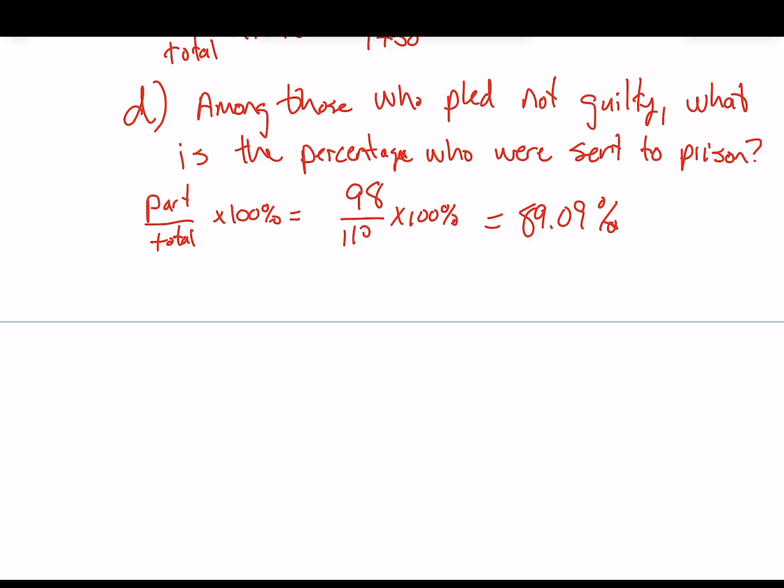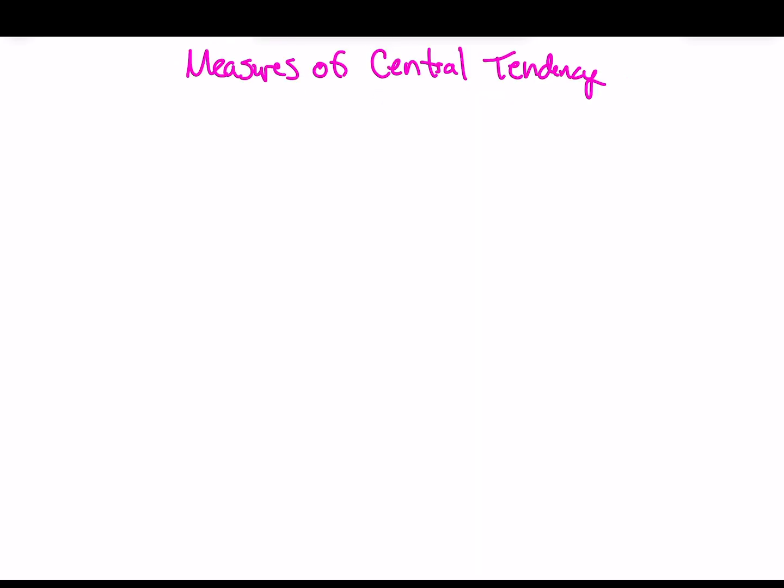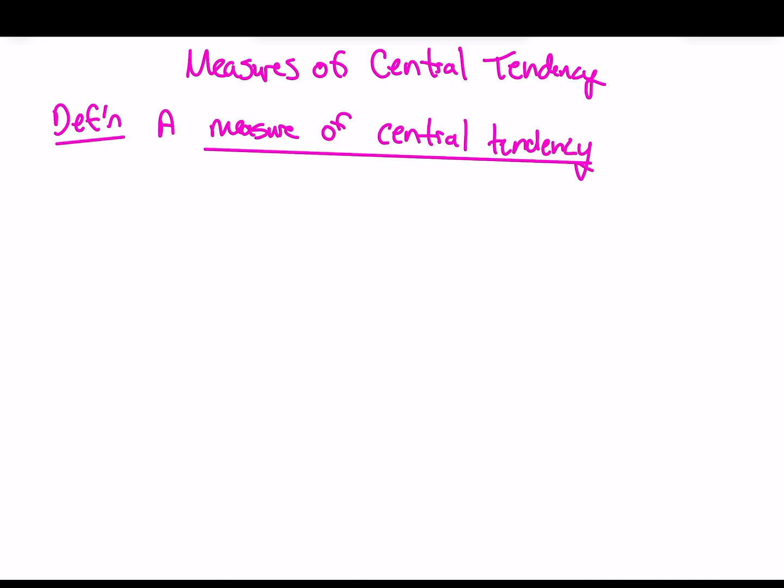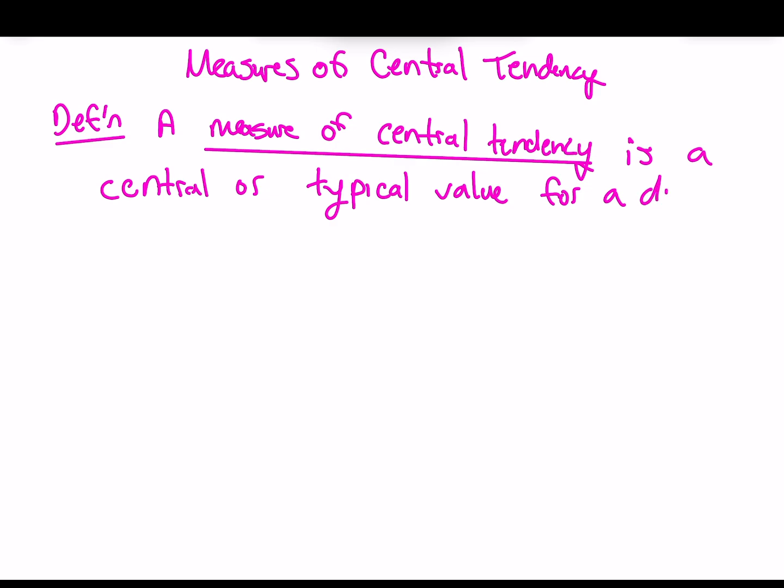Okay, let's now move on and talk about definitions and how to find measures of central tendency. Measures of central tendency. Let's start with the definition. A measure of central tendency is a central or typical value for a distribution.